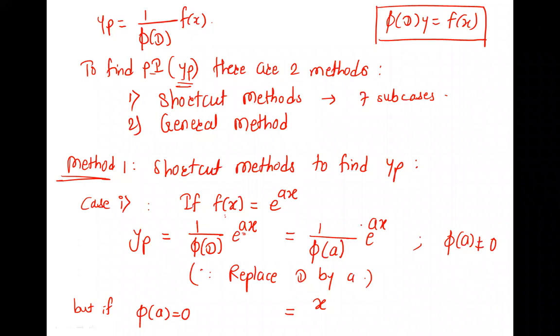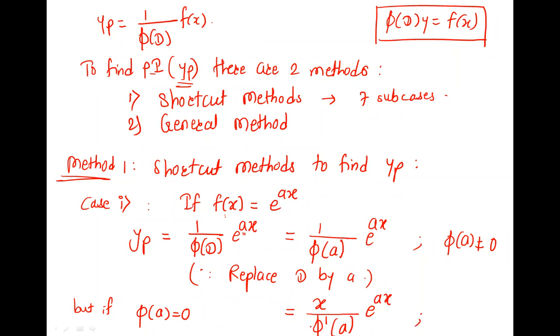As a function of t, the independent variable will be t. So multiply by that independent variable and take the derivative of the denominator with respect to d, that means phi dash of d. Once again, replace that d by a. So phi dash of a into e^(-4x).